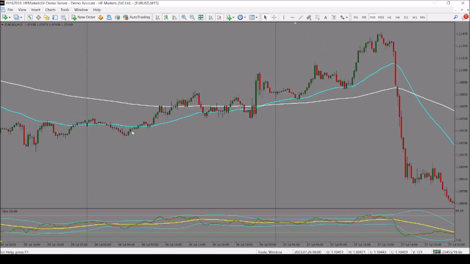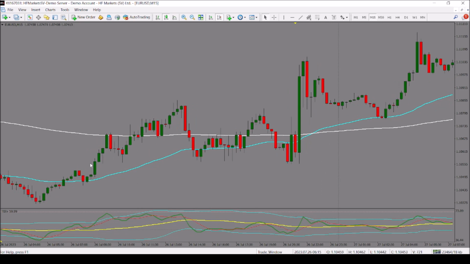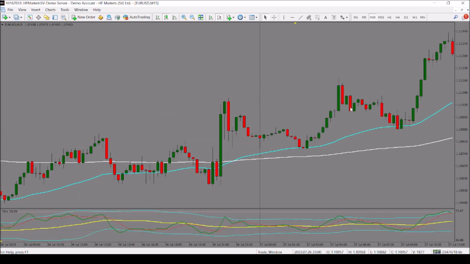In this particular case, we can say this short-term phase was an upward trend. Why? Because we had an upward move, creating a high, creating a low, then creating a higher high and a higher low. Therefore, we can say this phase was an upward trend.